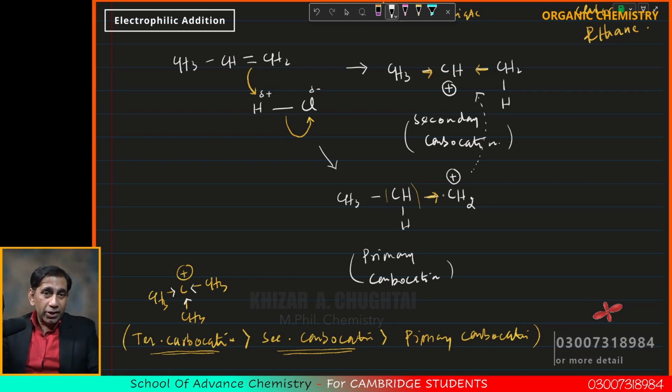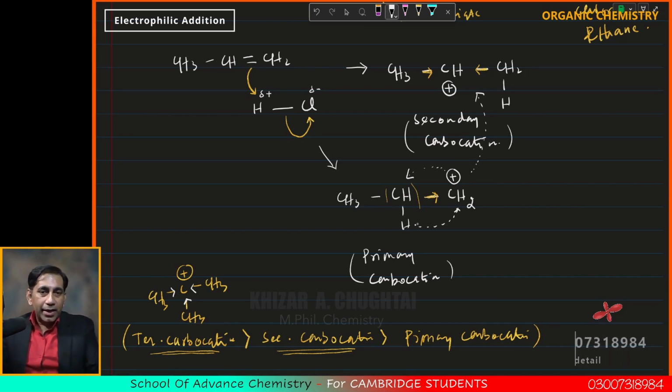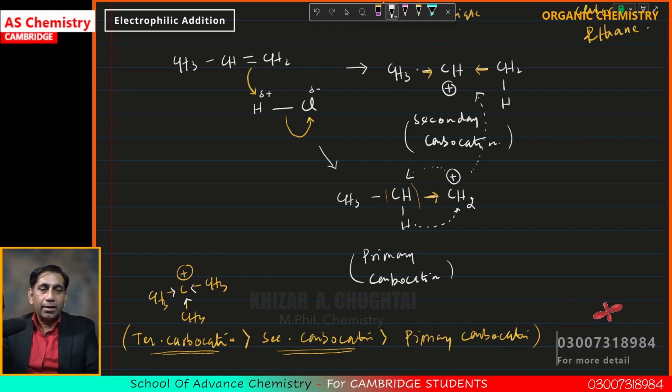Why they are rearranging? Because the next form is more stable. And how are they rearranging? Here is a shifting of positive charge, and this H will be shifting over here. So this is called rearrangement, or transformation. The primary carbocation after some time changes itself into a secondary carbocation.